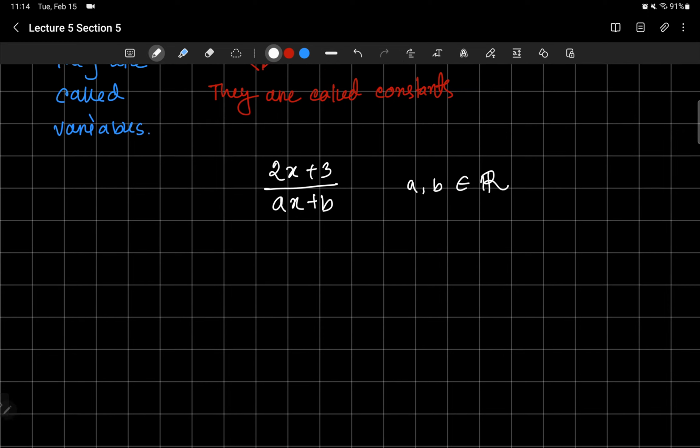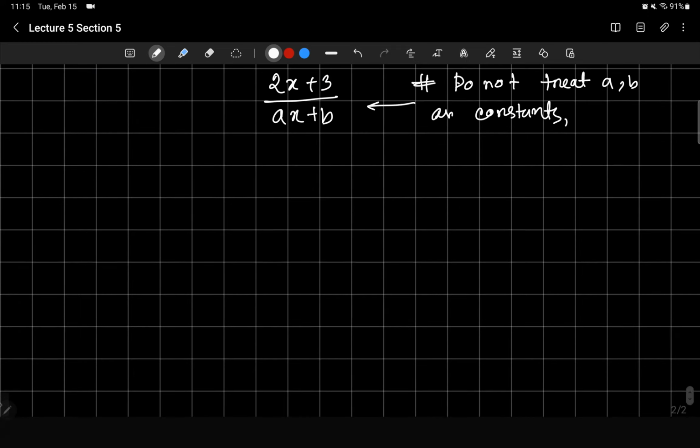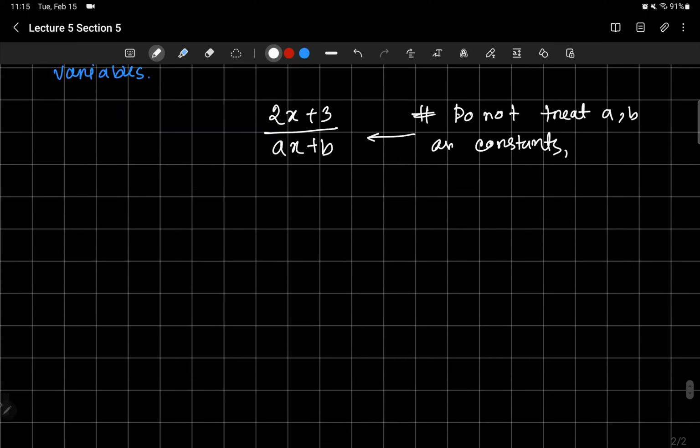But if I say do not treat A comma B as constants, in that case, A and B are both also regarded as variables. Okay. Your algebraic expressions will also involve powers and roots, and we'll get to that in a few minutes.